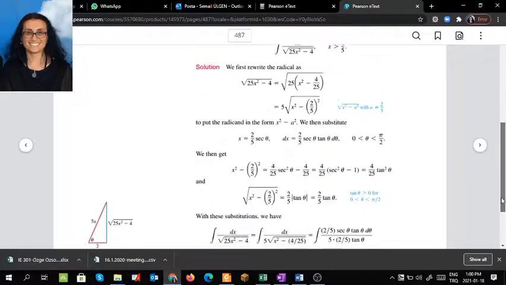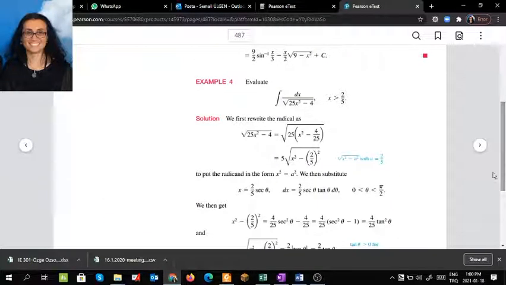Okay, this is another example, and here's this one also. This is, on the other hand, 25 square root of 25x squared minus 4. This is the third type, which actually we would just put x is equal to a secant theta. But be careful, we have to do this rearrangement. Square root of 25x squared minus 4, you take out the 25 so that it's in the form of square root of x squared minus a squared.